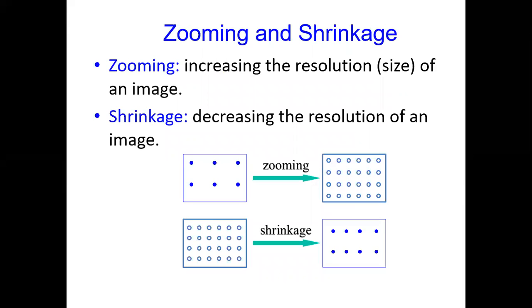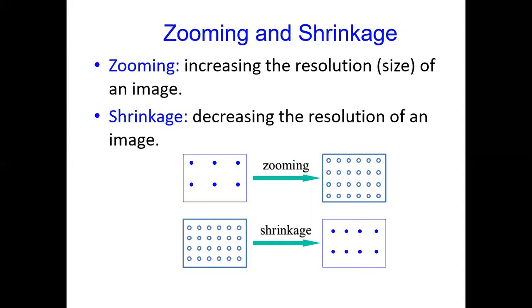Zooming and shrinking: zooming means increasing the resolution of an image, and shrinkage is decreasing the resolution of an image. For example, 6 pixels converted to 30 pixels is called zooming, and 30 pixels converted to 6 is shrinkage.